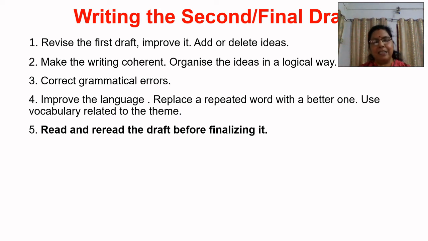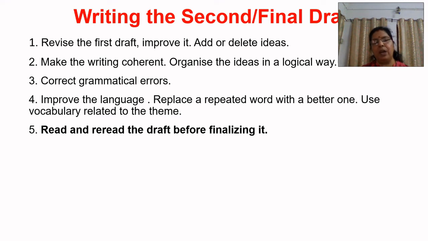Here, let us try to recall the processes that we went through to write this article. First, we read the verbal input carefully, twice. If need be, you can reread it. And then you had a brainstorming session in which you jotted down all the points.